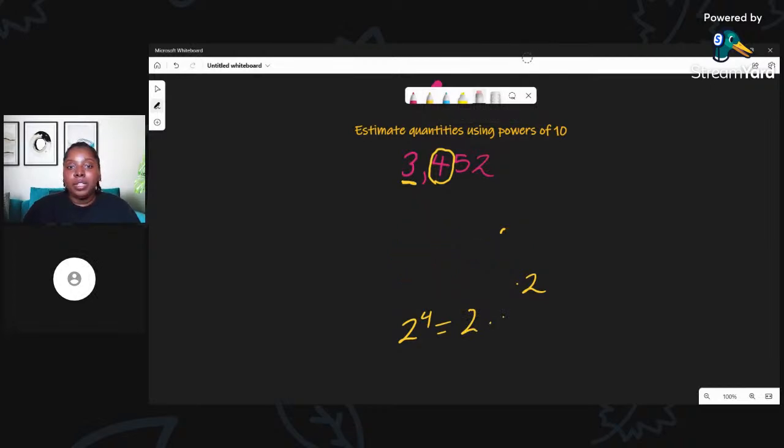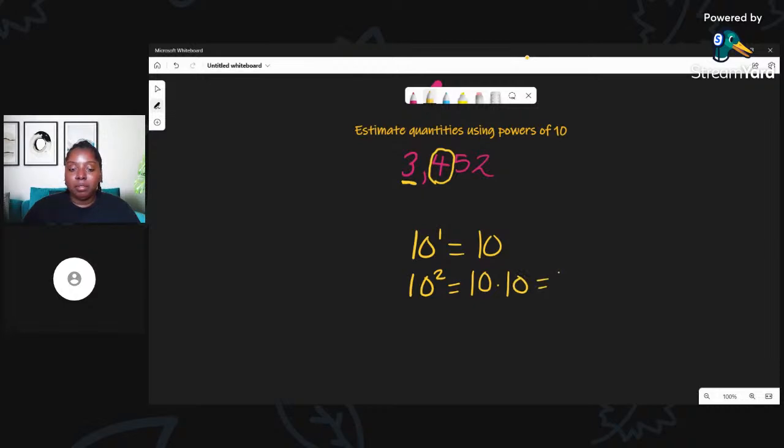Now let's do it with tens. 10 to the first power, how many times would I write 10? Once, right. What about to the second power? Twice. And 10 to the second power, what's 10 times 10? 100. There you go. 10 to the third power, how many times am I multiplying it? 3.